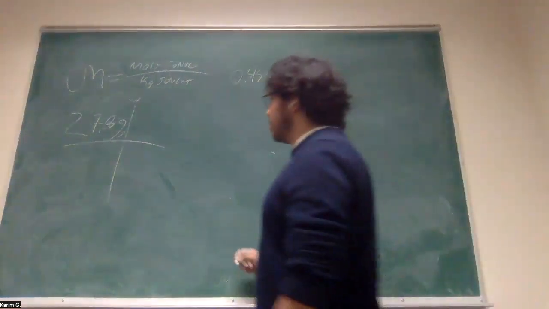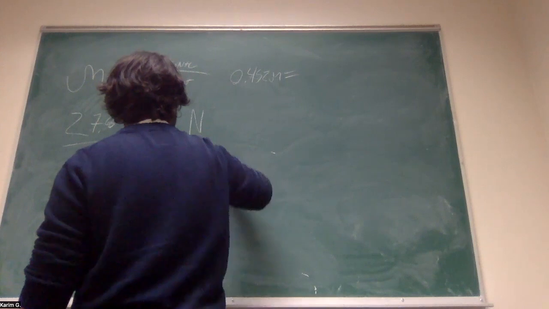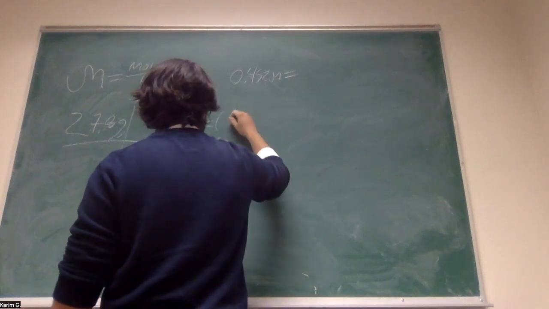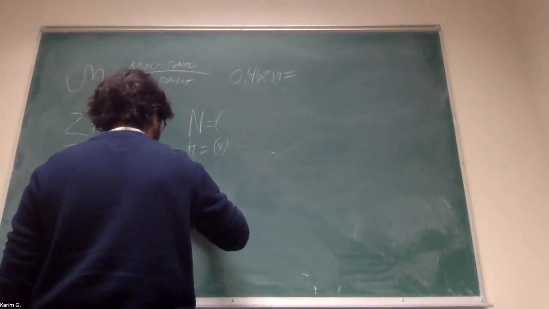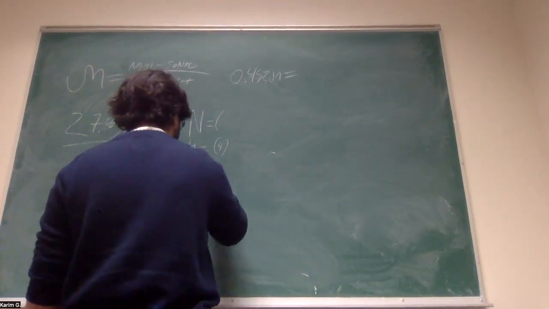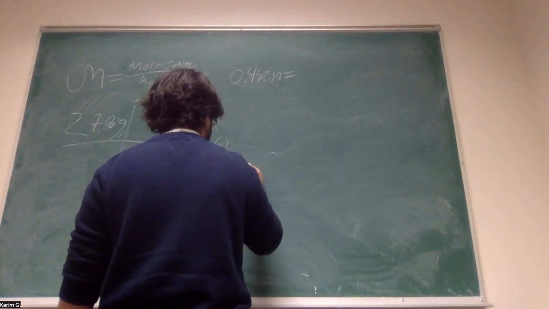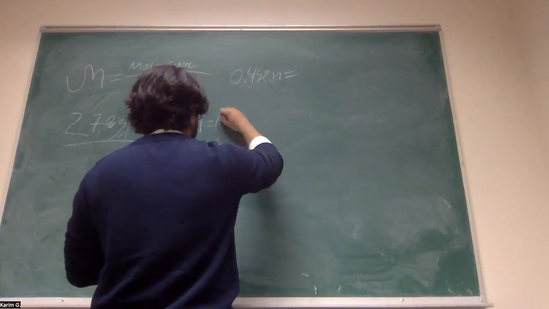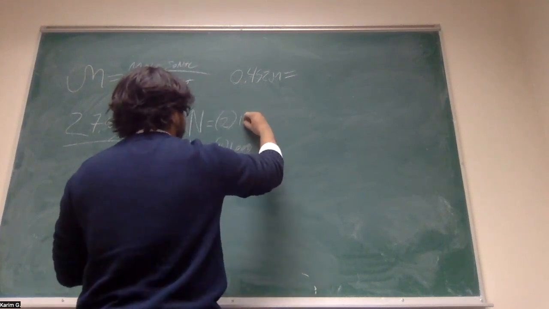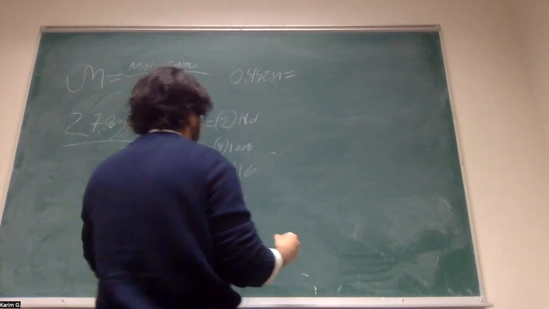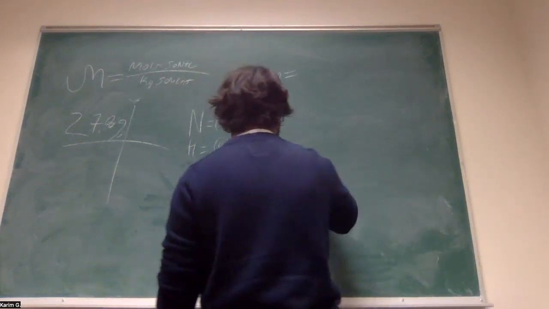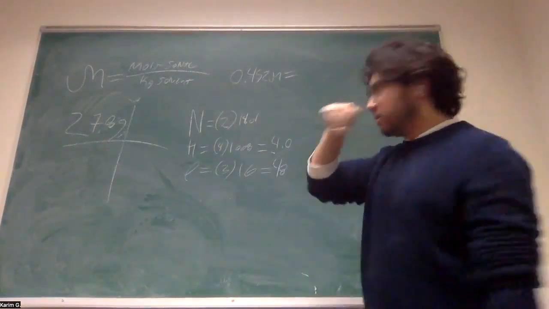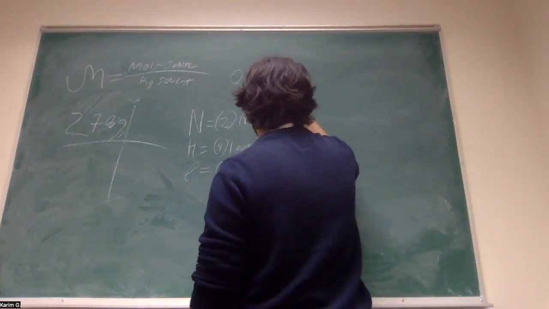For the molar mass: oxygen, which would be times 3 times 16, that gives 48. Hydrogen 1.008 times 4 gives 4.03. And nitrogen is times 2 times 14.01, which is 28.02.